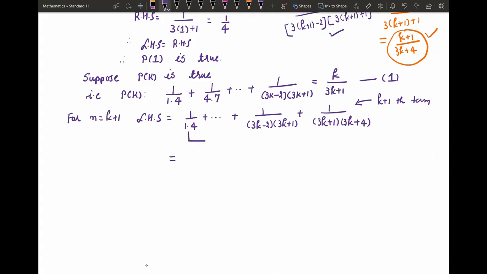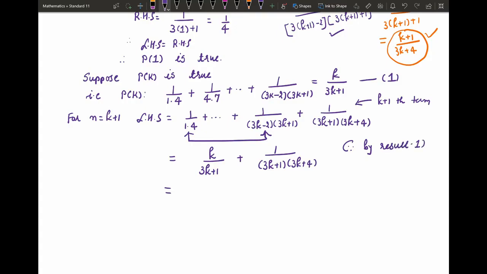So sum of first k terms using result 1 is k upon 3k plus 1, plus 1 upon (3k plus 1) into (3k plus 4). We give the reason by result 1.